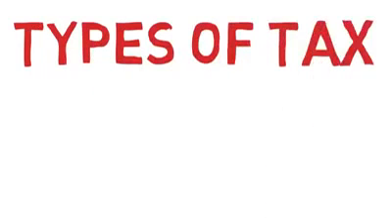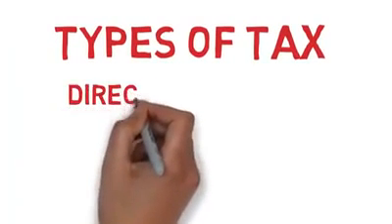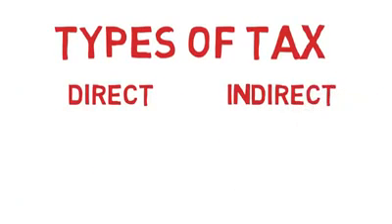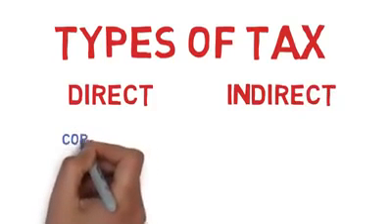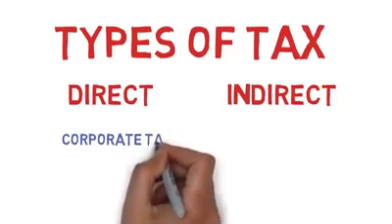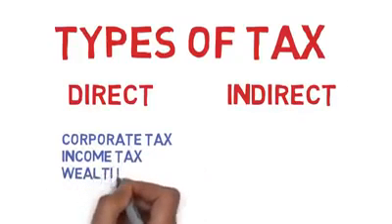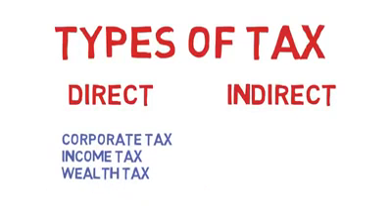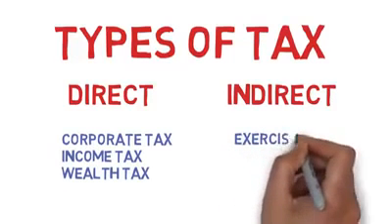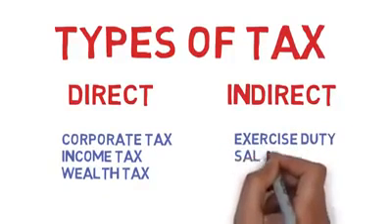There are actually two types of taxes. One is direct tax and the other is indirect tax. The direct tax is one whose liability cannot be shifted to someone else, like corporate tax, income tax, wealth tax, etc. But indirect tax is the tax whose liability can be shifted to someone else.